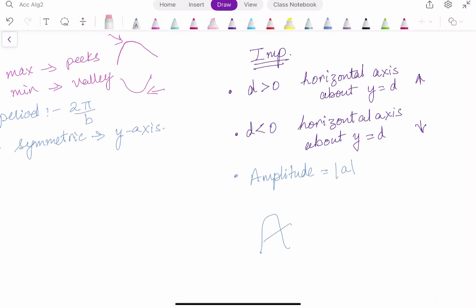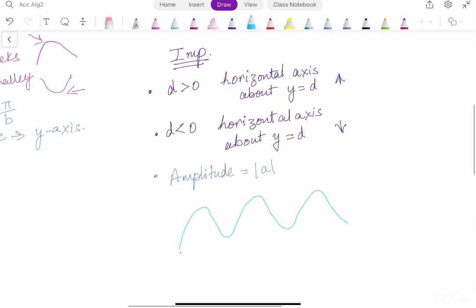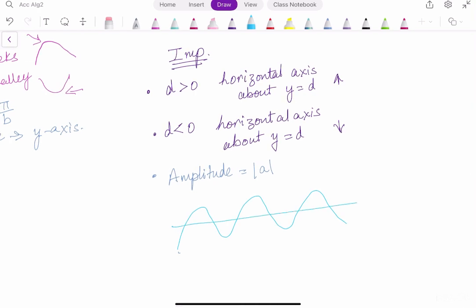So let me try to sketch a curve. So let's have a rough graph and let's create the axis. Let's create another x-axis. There we go. So if this is the x-axis and we have a curve right here, so when we are talking about the amplitude, we are talking about the height of the graph basically, because it is a stretch, right?